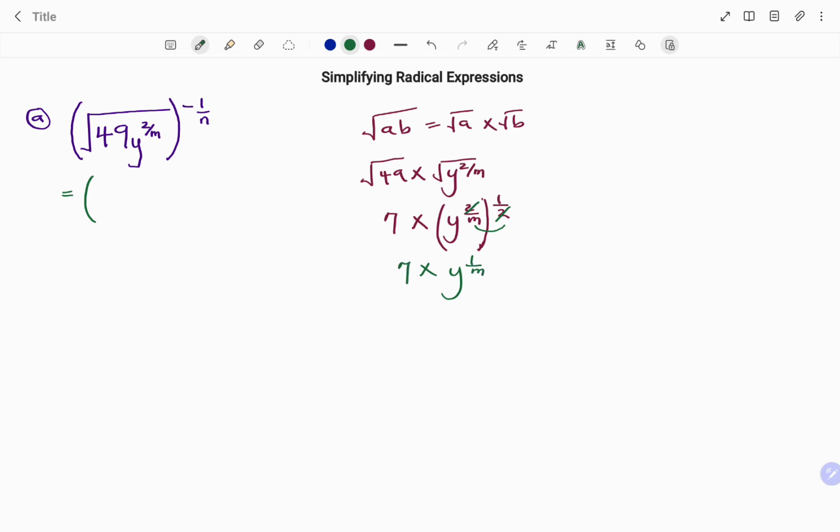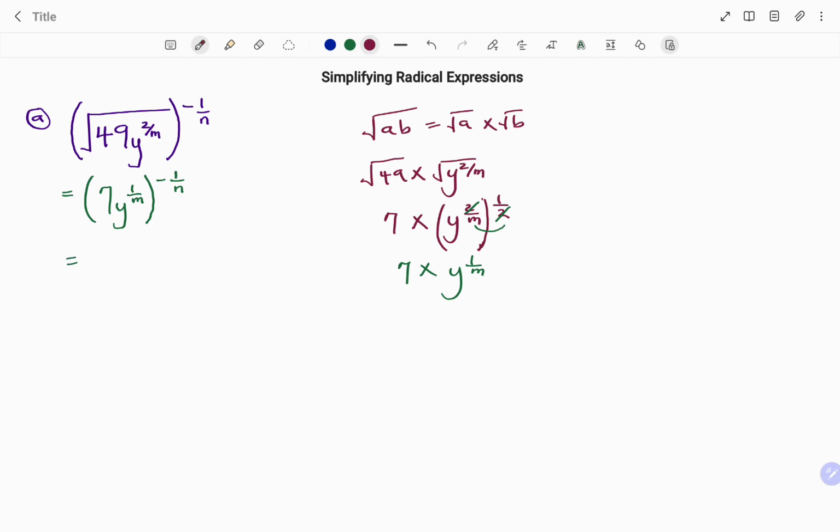So replacing that in my question, I have square root of 49 y to the power of 2 over m becoming 7 times y to the power of 1 over m, all raised to the power of minus 1 over n.